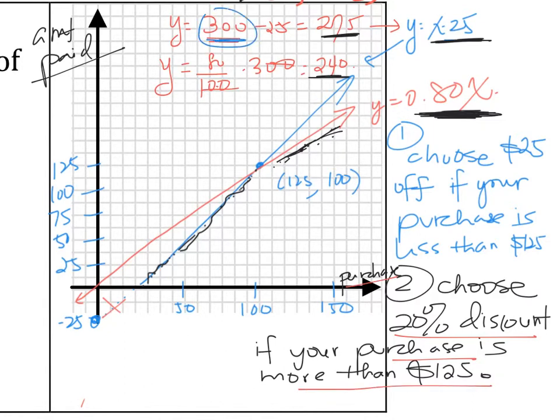So this is a numerical example. So if you plug in any points here for the purchase amount, it will be the same. Okay, I would like to make a note that I should have crossed this part of the graph out because I'm not working with any negative values because this is a real life example. And this concludes our lesson.